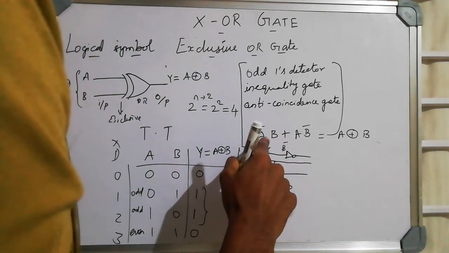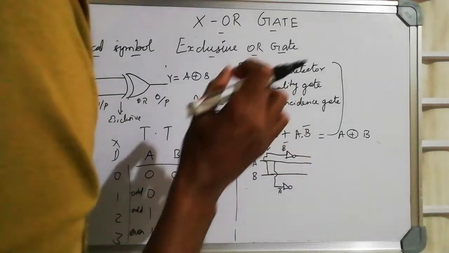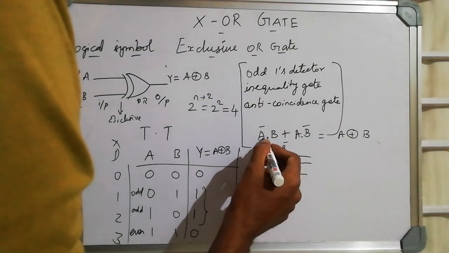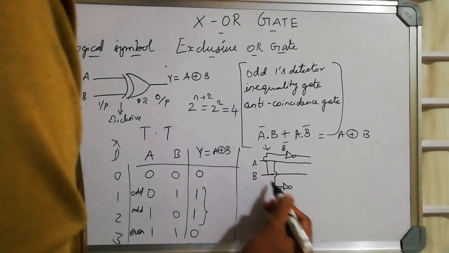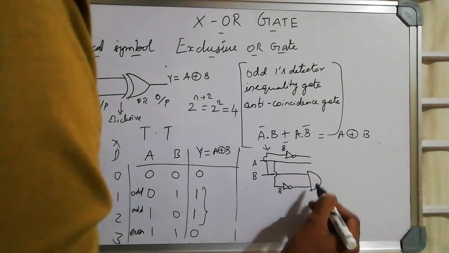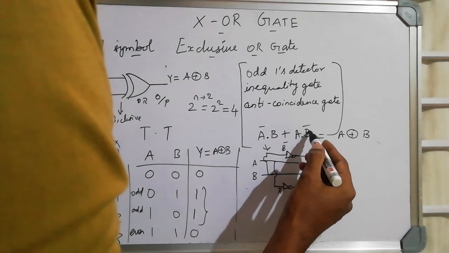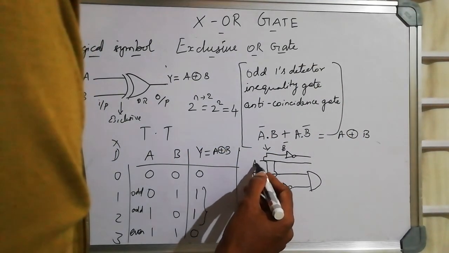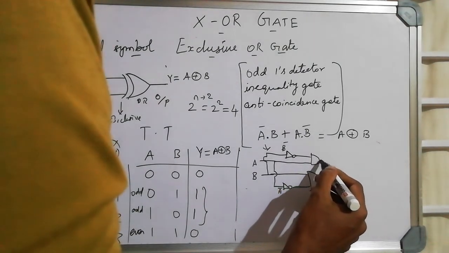Here we have an AND gate, and here also an AND gate, connected with these variables. For A bar B, A bar is here and B is here, and we connect these two with an AND gate. For A dot B bar, this is the A line and this is B bar, and we connect these two like this.